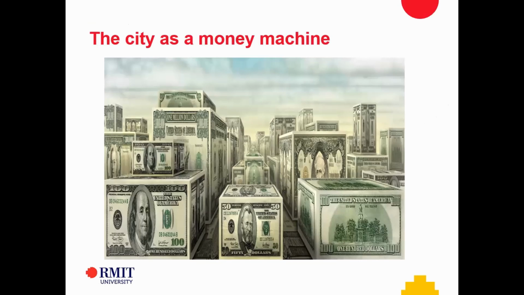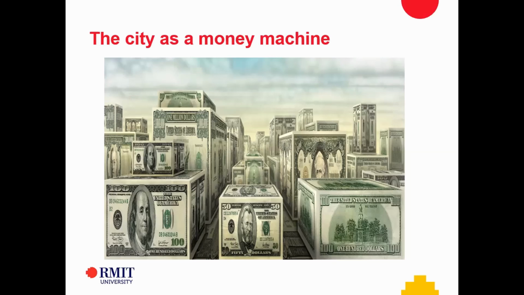But another take on the theory of cities is the notion of the city as a money machine. And that might sound a bit, I guess, crude or extreme, but believe me, this is in many ways how urban development and urban management has come to be viewed. That, and another phrase you'll become familiar with if you aren't already, is the trickle-down effect.